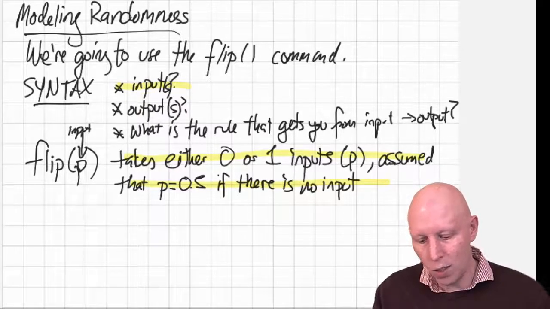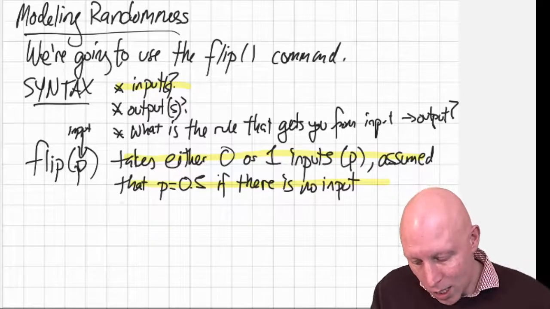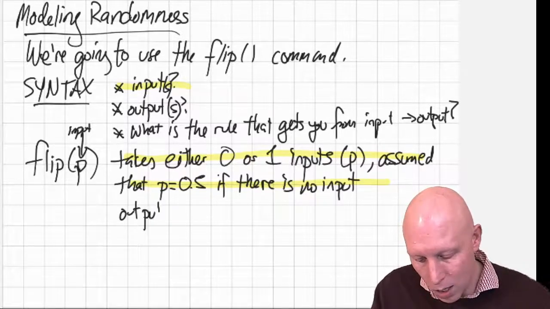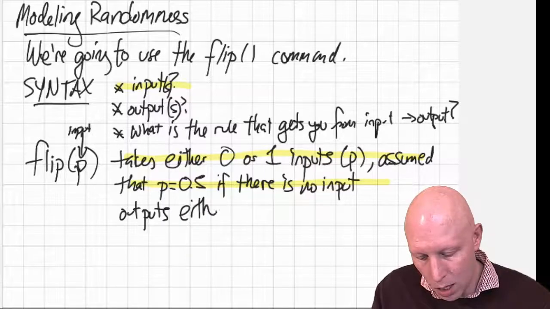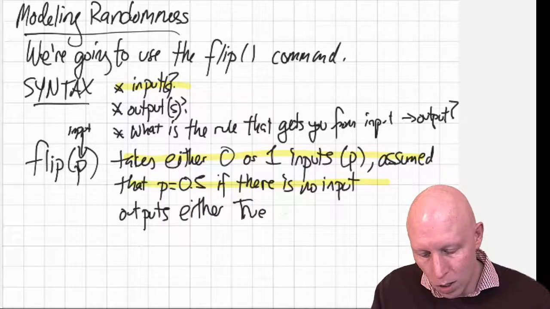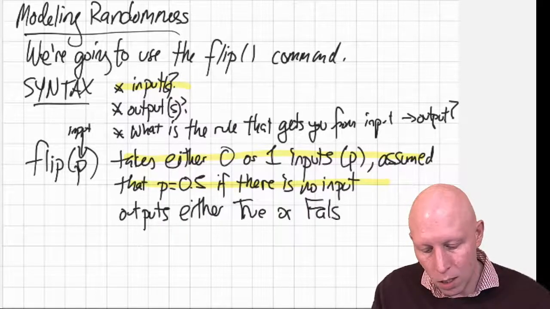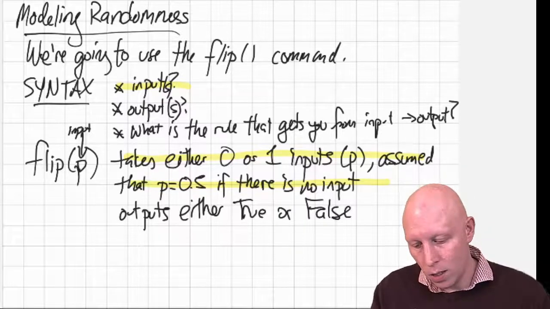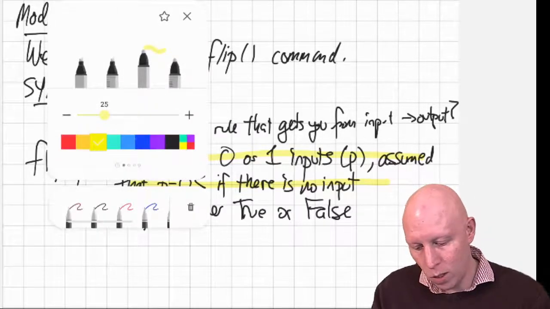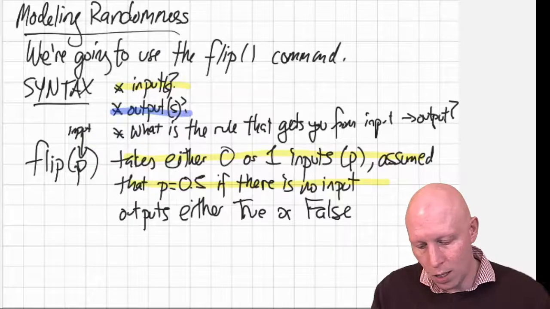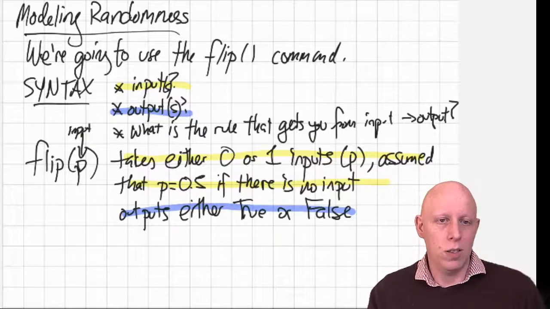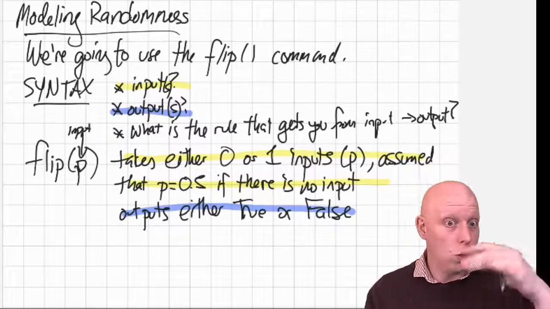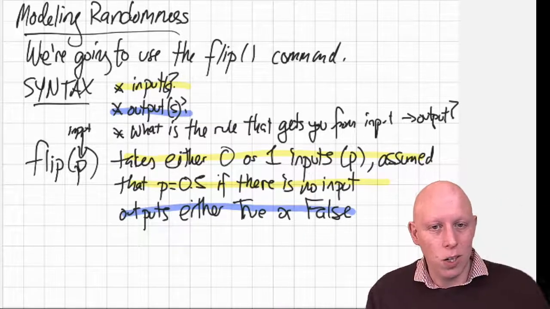What else? Now what do we say? It outputs either true or false. So it takes in a number or no number, and the output is either true or false.